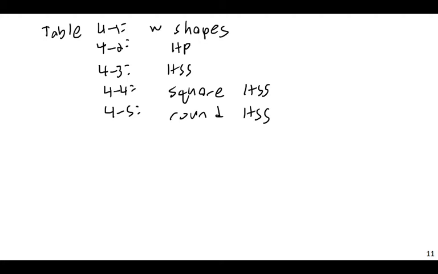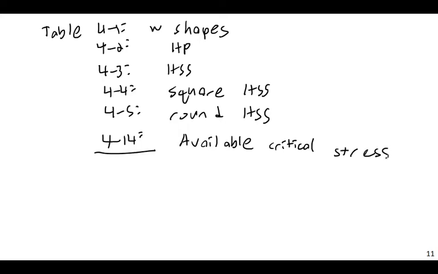Then we have other things. Moving on to Table 4-14, we get something interesting. This is the available critical stress for compression members. And this can be very useful for design in terms of selecting a section. This one can be very useful when just designing a column.